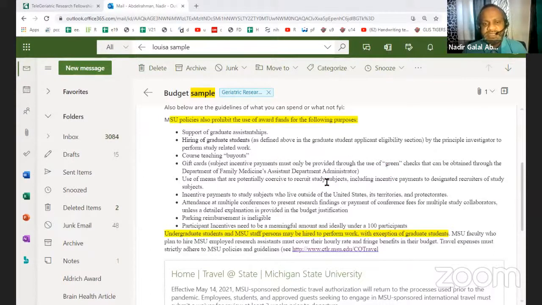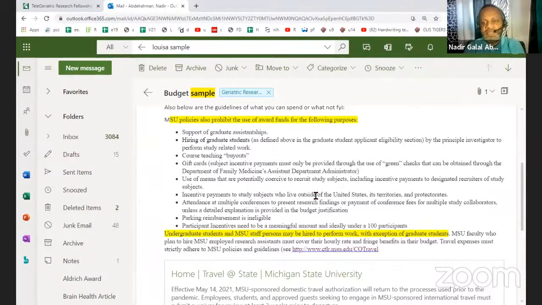So for instance, here they can pay for anything except these itemized points. You cannot pay for graduate assistantship. You can pay for an undergraduate student to help you, let's say, if you want to hire them in the summer for your project.